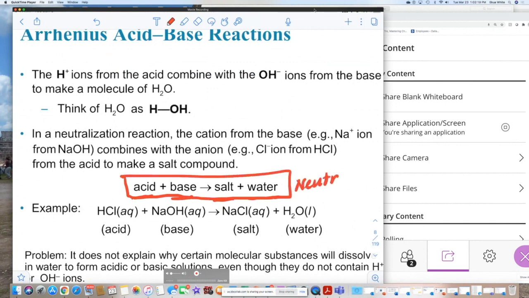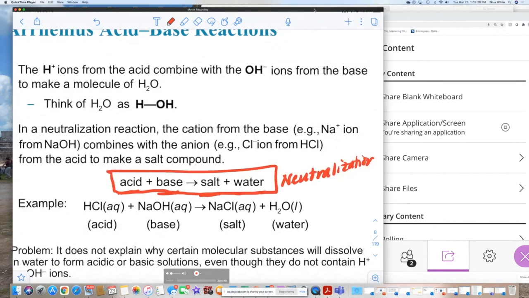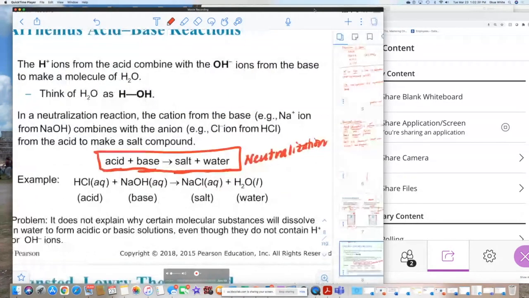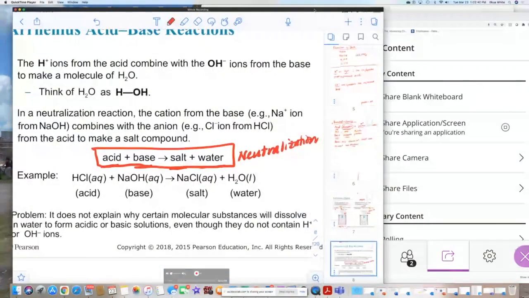It's called neutralization. The format of reaction here is double replacement reaction, double displacement. This is back to 1411, where the acid breaks apart, it ionizes, the base ionizes, they switch partners and form the product. So I'm going to show you how this works out right here.